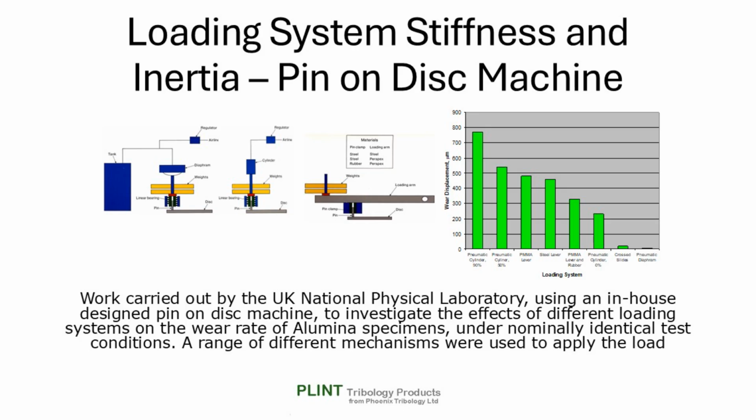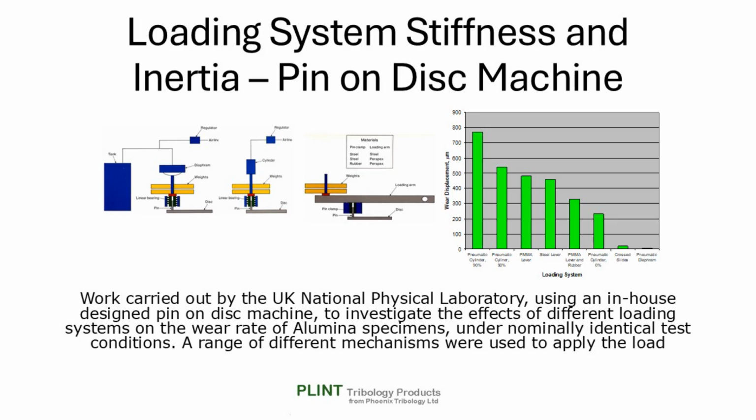The work illustrated here was carried out by the UK National Physical Laboratory following the results of the Versailles project on advanced materials and standards. The VAMAS interlaboratory tests have produced a factor of 3 in the distribution of reported friction coefficients and an order of magnitude variation in wear coefficients.